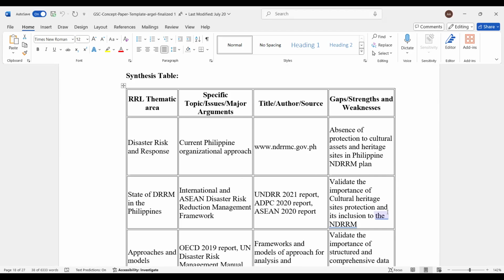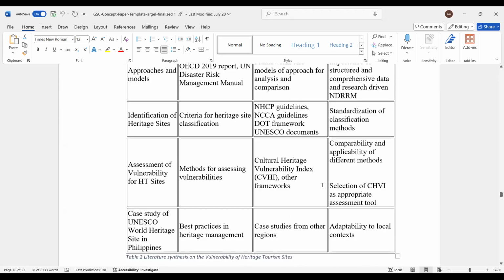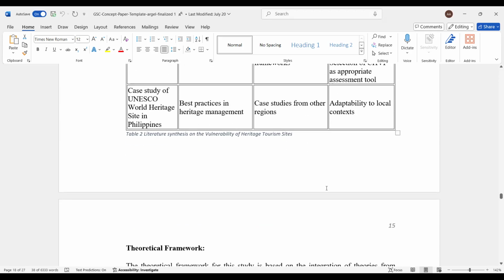The researcher has identified that there is an absence of protection for culture, blah blah blah. Therefore, that will give rise to the study to improve or include cultural heritage sites into national disaster risk, blah blah blah. So that is the purpose why we have gaps, strengths, and weaknesses. Parang sinisynthesize niya siya for us.